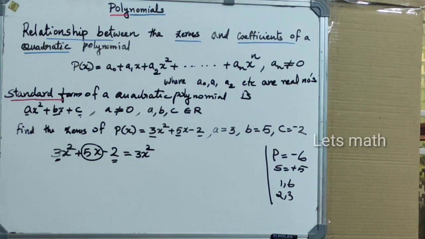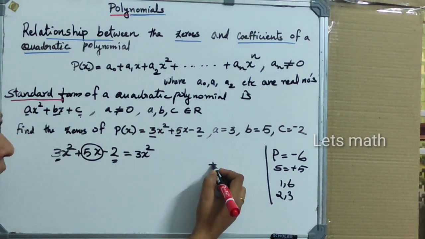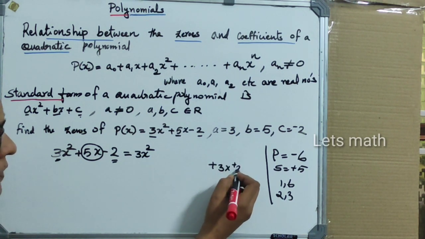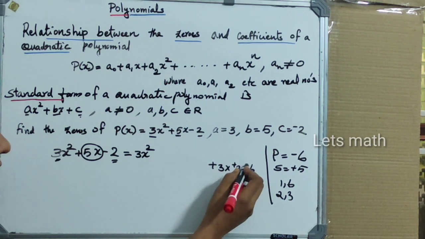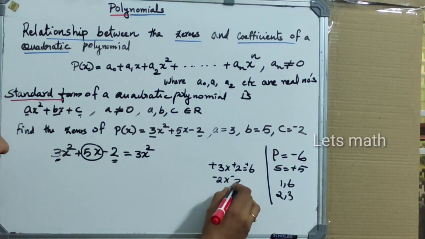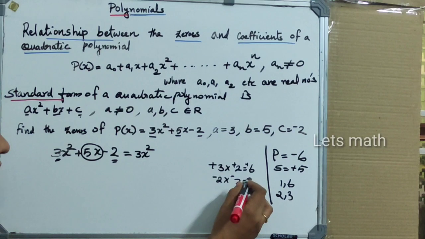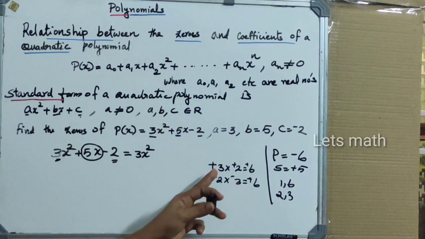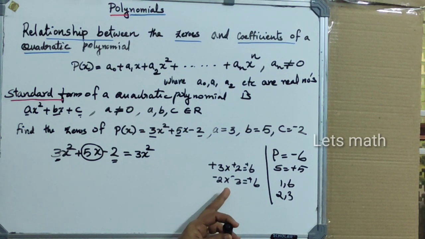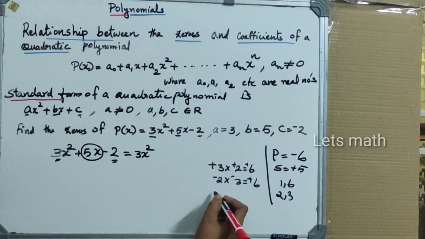Product minus 6 means one must be positive and the other must be negative. Now let us recall the concept of integers. Positive 3 into positive 2, we get positive 6. Negative 2 into negative 3, we get positive 6. The product of two positive integers is always positive. The product of two negative integers is always positive.